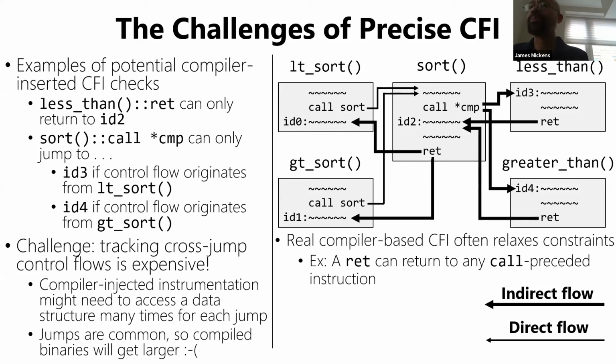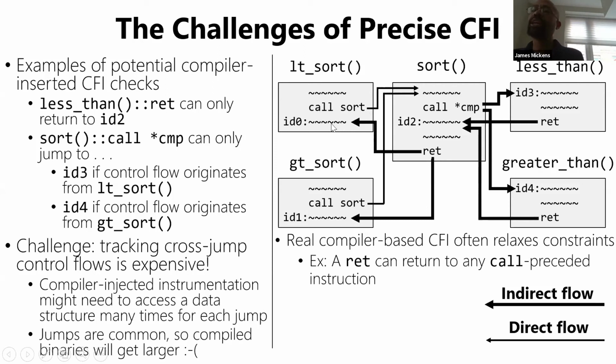So what do I mean by that? If we look at less than sort, there's a call instruction right here, I'm showing with my mouse, and then at ID 0, we see some instruction. The instruction at ID 0 is a call preceded instruction.